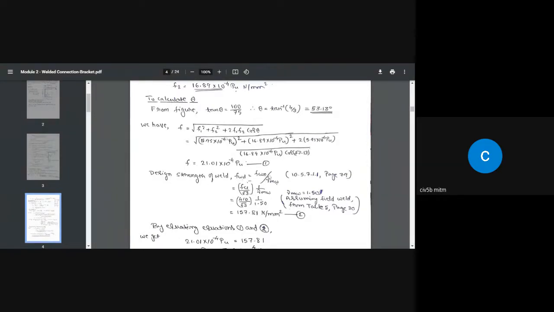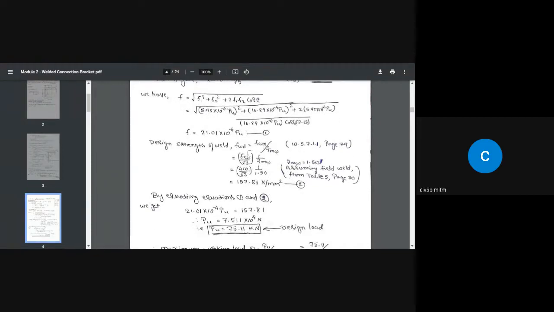That is FWD equal to FWN divided by gamma MW, as per this on page 79 of the code book. What is FWN? FU by root 3, gamma MW as it is. Because nothing is mentioned whether the welding is done at the shop or at the site, we are going to assume some value, assume field weld.